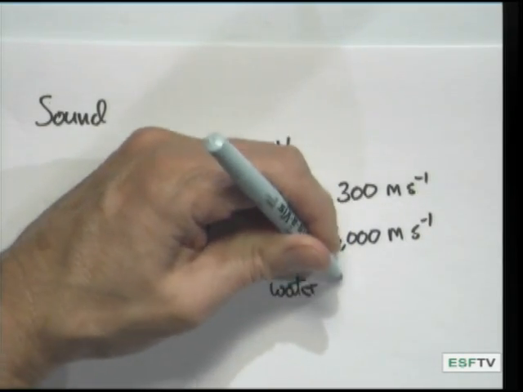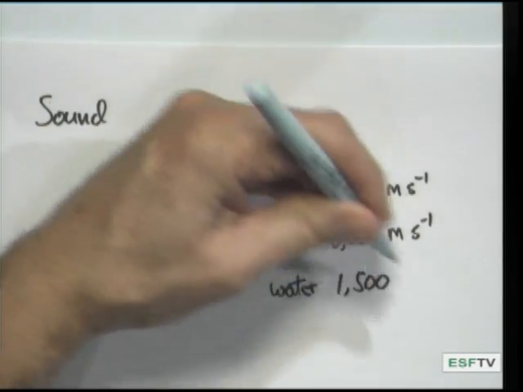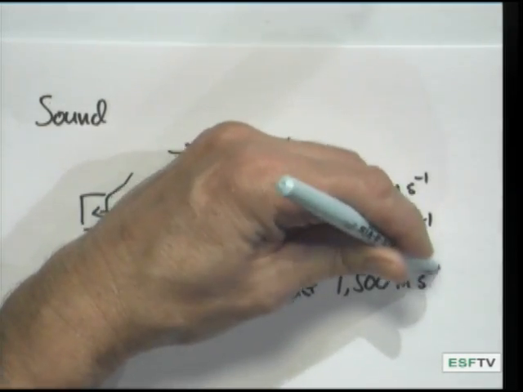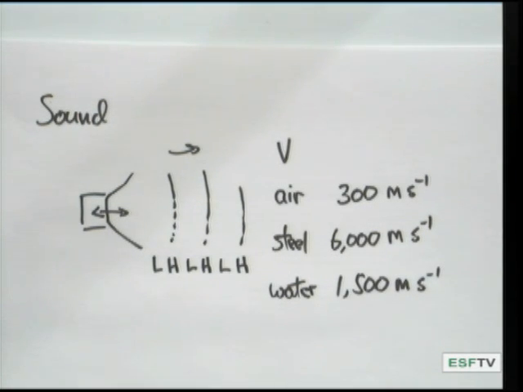The speed of sound in water is on the order of about 1,500 meters per second. Okay, so speed of sound is a very important thing, and it depends upon the properties of the medium through which it's traveling. There are some other properties of sound that we need to pay attention to, though.